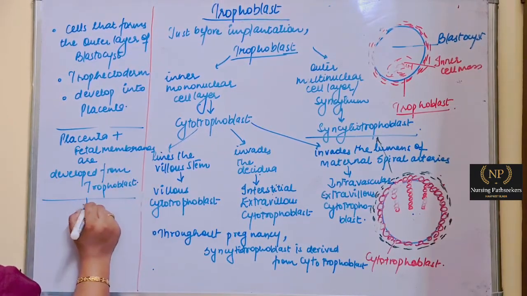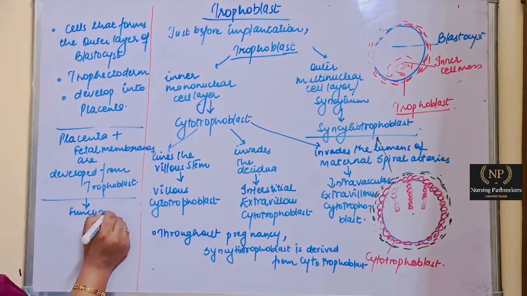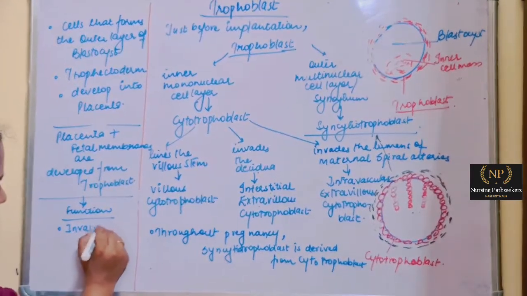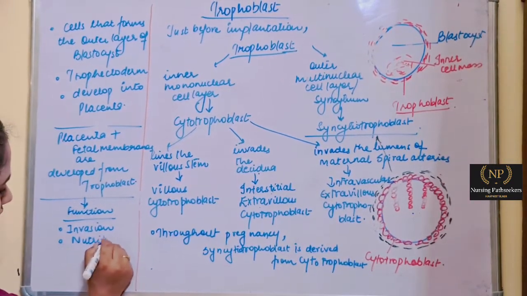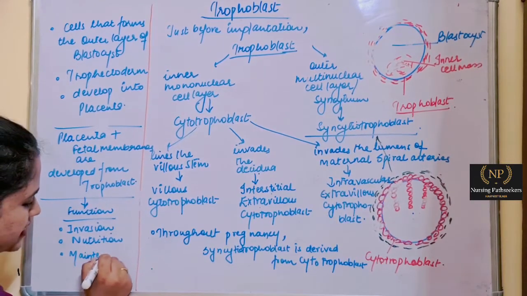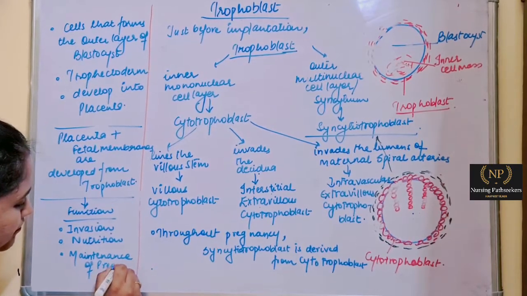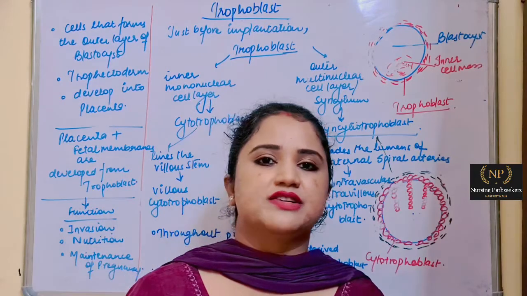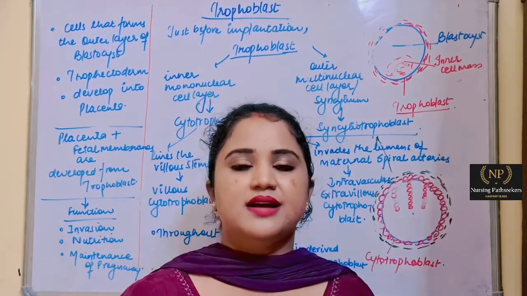So what are the three main functions of trophoblast? First is invasion, second is providing nutrition, and third is maintenance of pregnancy. With this, we have completed the whole process of implantation and formation of trophoblast. Thank you so much.